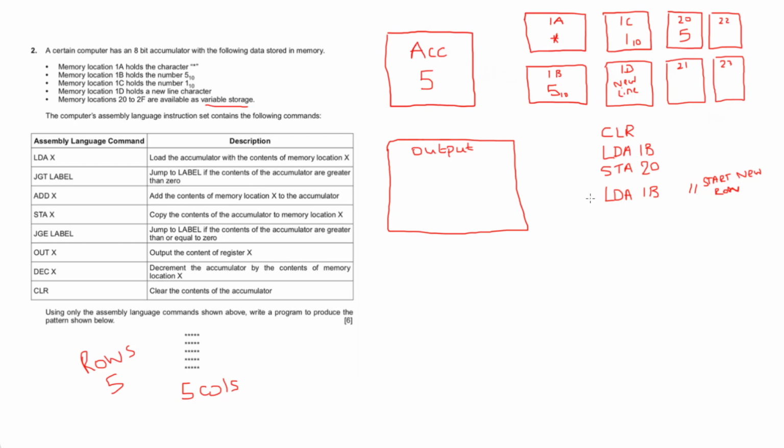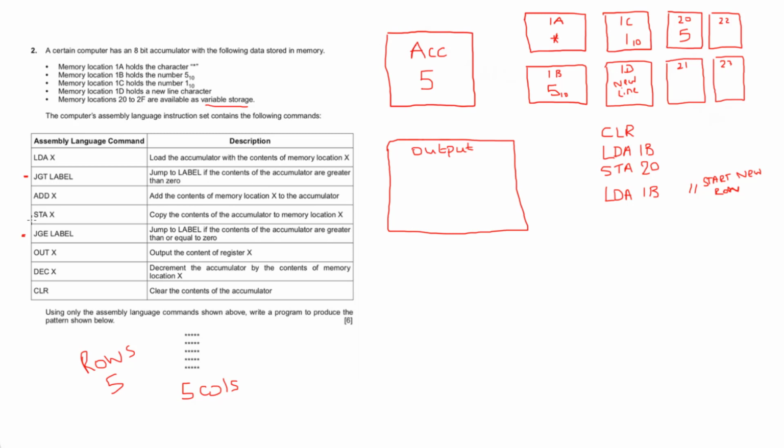So if I'm starting a new row here, I want to jump to this when I need to start a new row. Okay, I'll say that again. I want to jump to this when I want to start a new row. So I've got 2 jump commands here. So remember, when you're loading things from the program counter and passing it to the memory address register, passing it to the memory data register, you can use jump commands to basically change the instructions that you're using, okay?